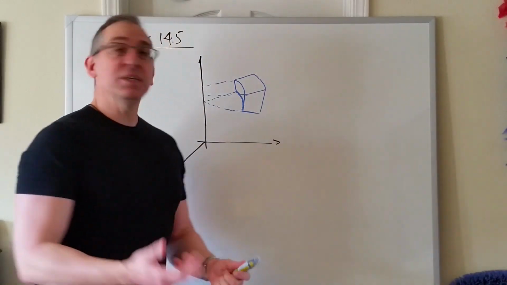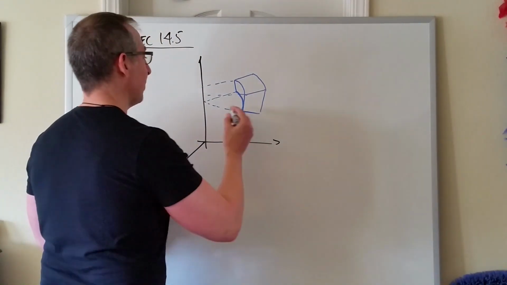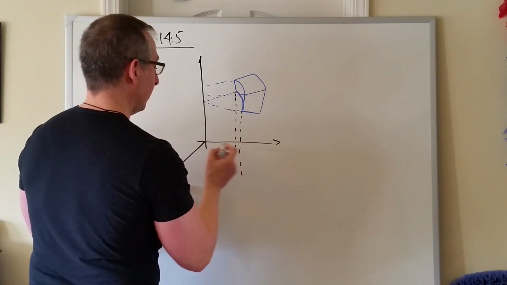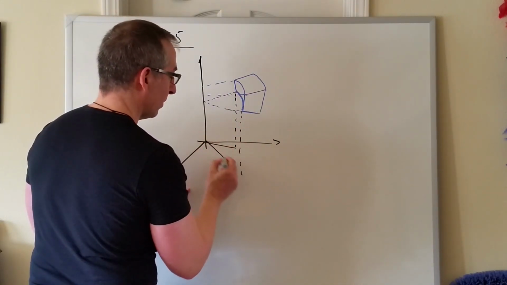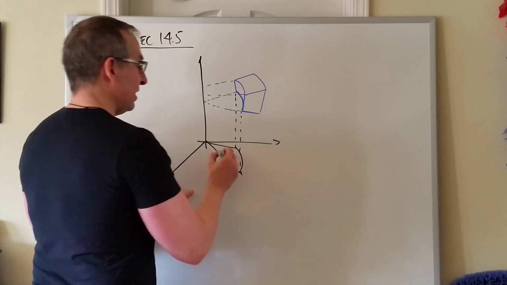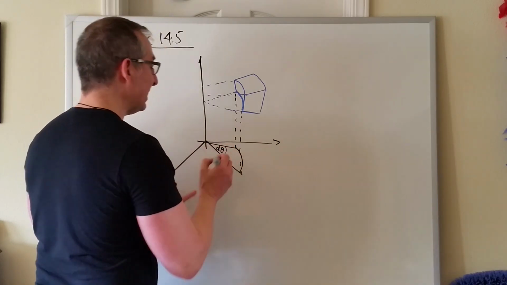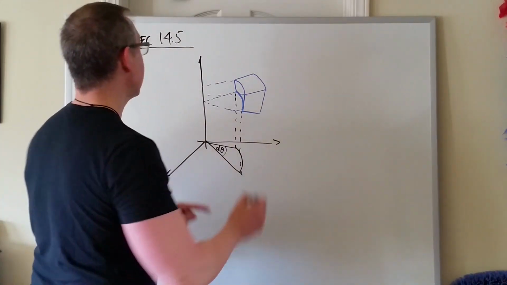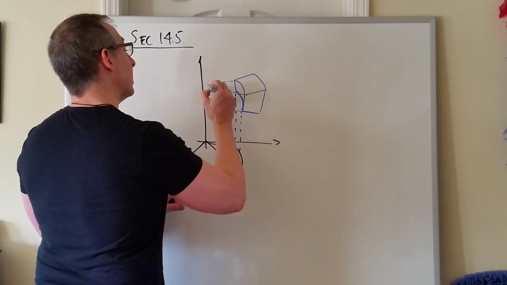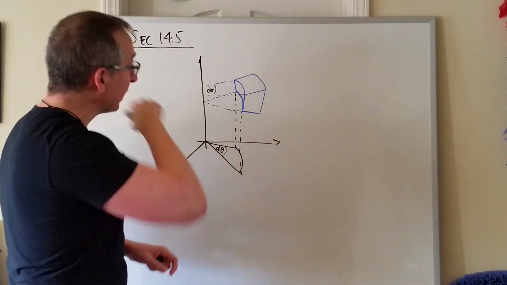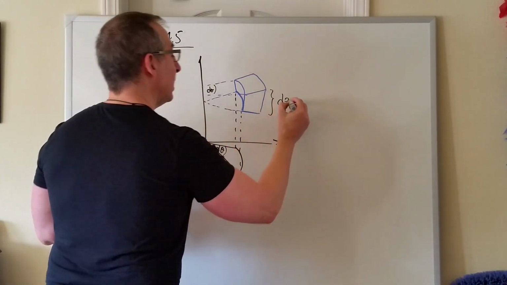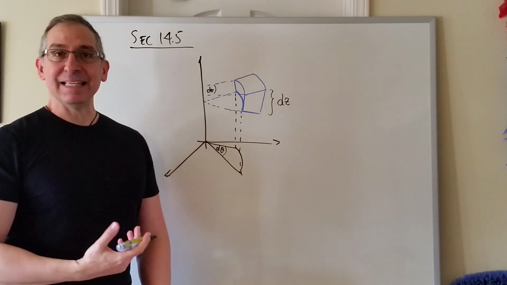Well, according to the polar coordinates, this angle right here should be d theta. Remember, these are infinitesimally small elements. This right here, that would be the height of the box, dz.